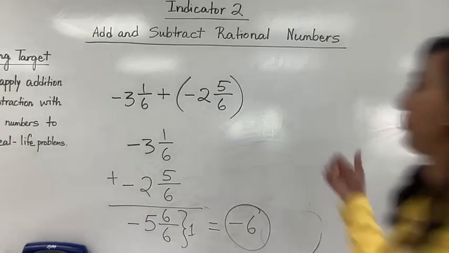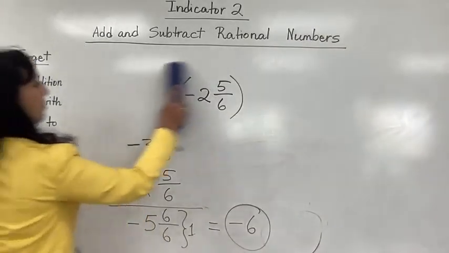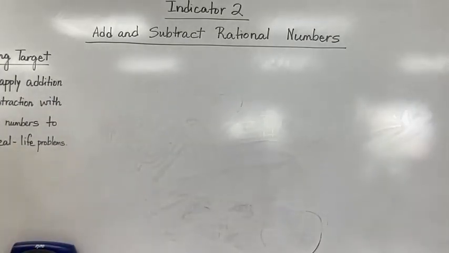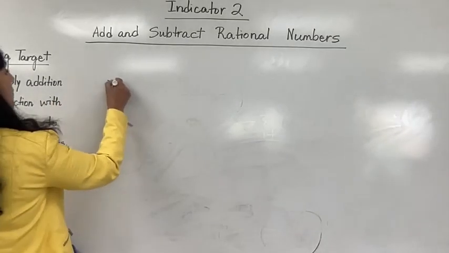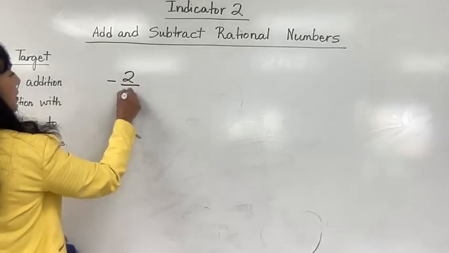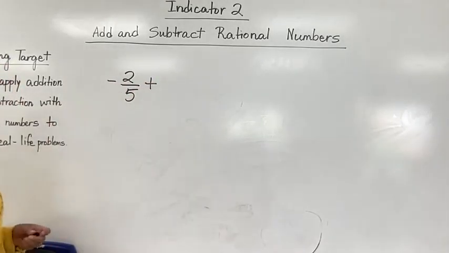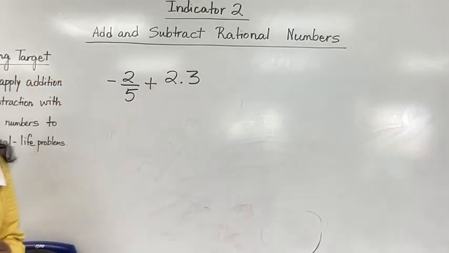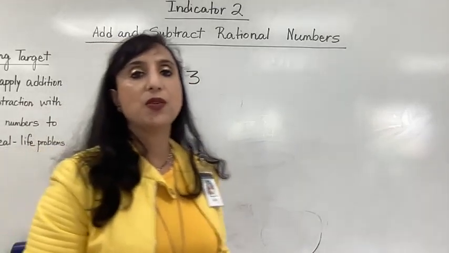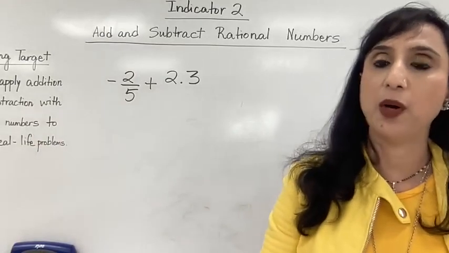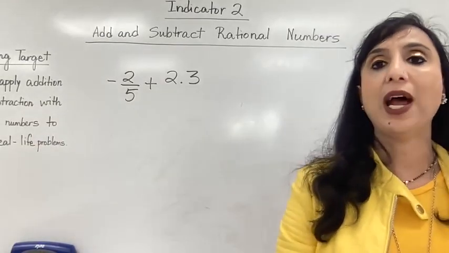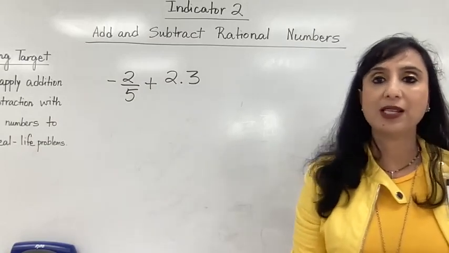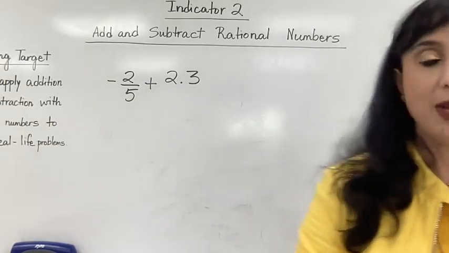So now, if I have negative 2/5 and I have 2 and 3/10, we can do two things with this. I can convert both to decimal form, or I can convert both to fraction form. So both methods are going to give me exactly the same result.